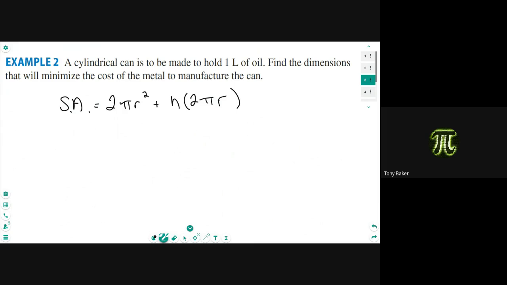And then the volume of the cylinder is pi r squared times height.